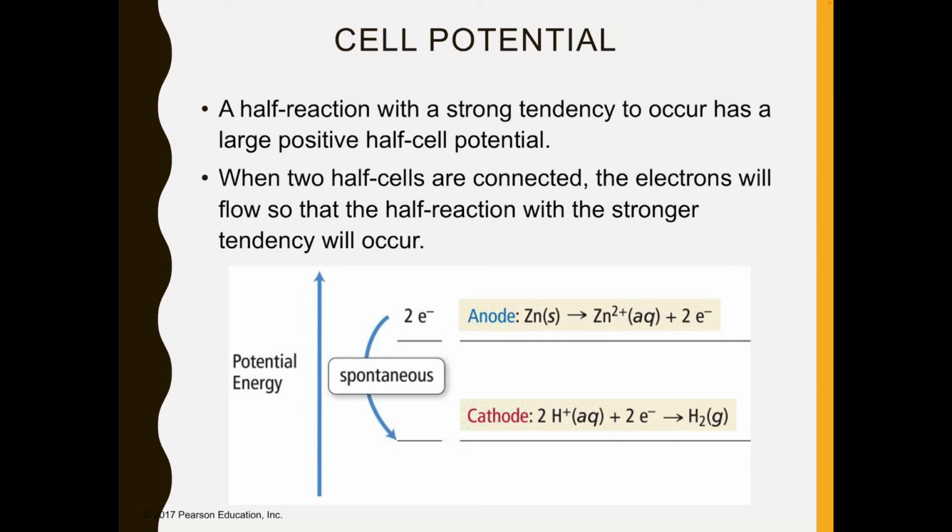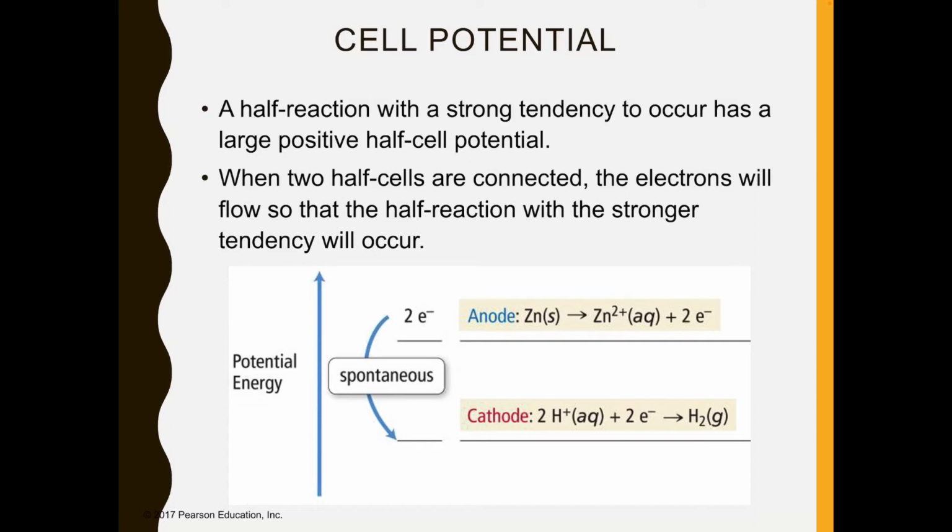Okay, so our cell potential is just going to tell us the difference in energy, essentially, between our two half cells. Okay, so the half reaction with a stronger tendency to occur has a larger positive half cell potential. Okay, and so if we're looking at which thing will be oxidized or which thing will be reduced, we're going to look at which has a larger value.